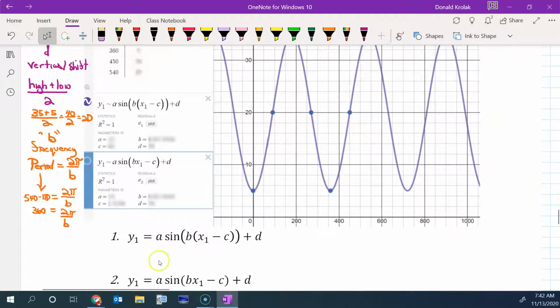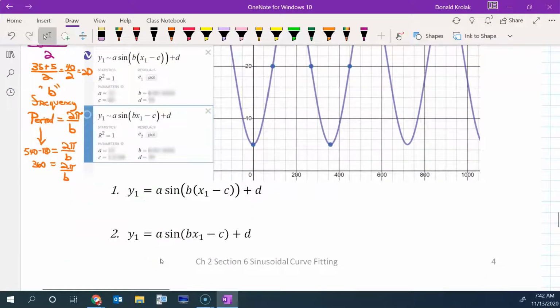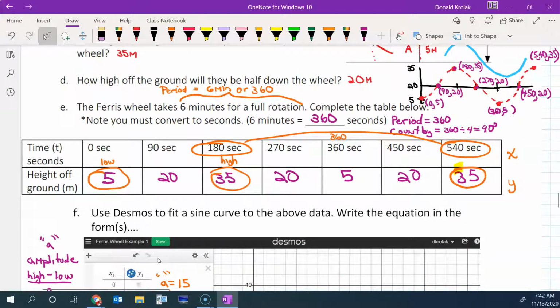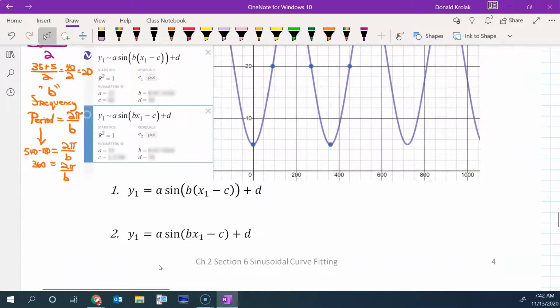So now you're going to solve this for B. The 540 and the 180 were the x coordinates for the two maxes, and I subtract the two x's. I don't subtract the maxes. All right, so I'm going to multiply both sides by B.